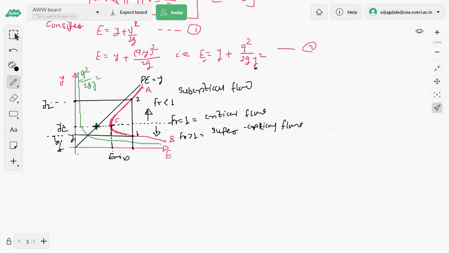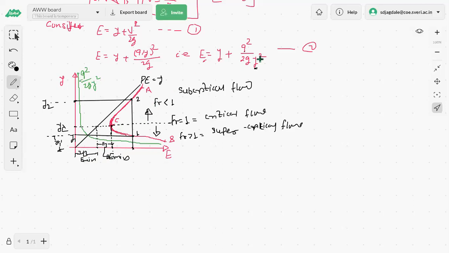Again, if you drop a line from this point on the specific energy axis, we get this dimension as nearly 2/3 of E minimum, and the remaining one as 1/3 of E minimum. This one I'm talking about: this is 1/3 of E minimum, and this is about 2/3 of E minimum. What else I want to say here?